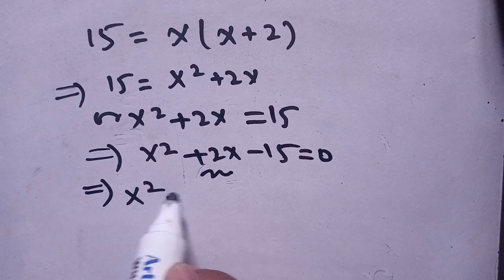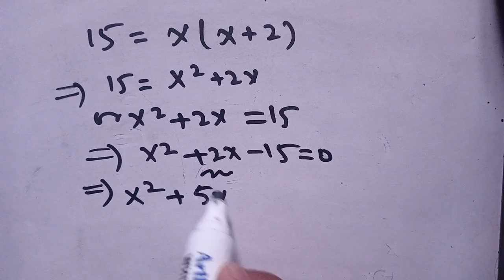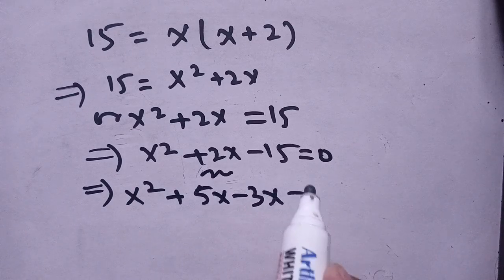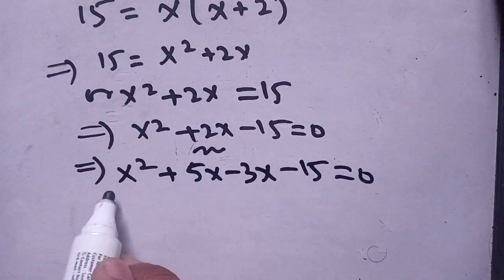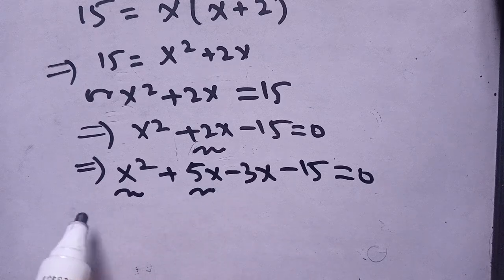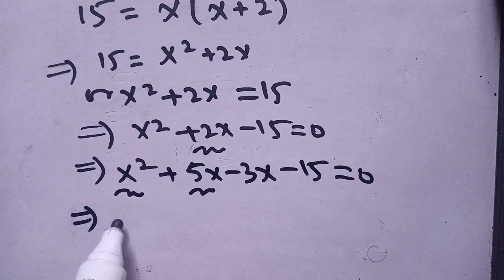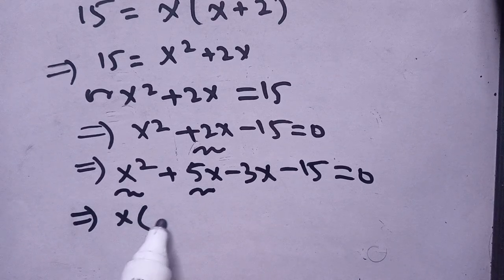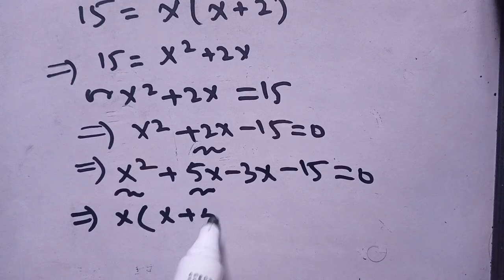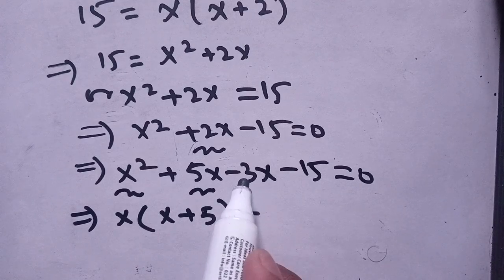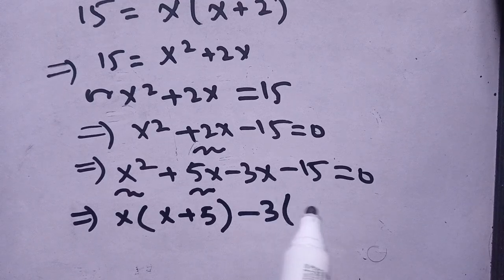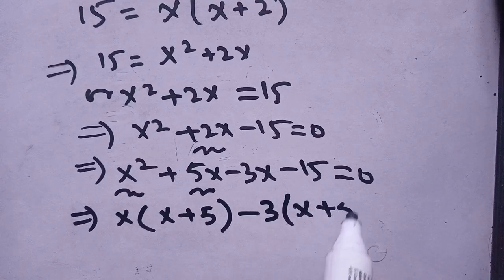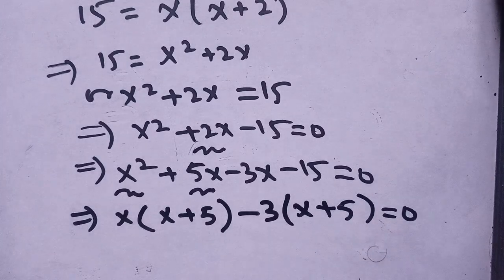Now we have x square plus 5x minus 3x minus 15 is equal to 0. Now we can take out x from the first two terms, and we get x times x plus 5, and from the last two terms we take out minus 3, we get minus 3 times x plus 5 is equal to 0.